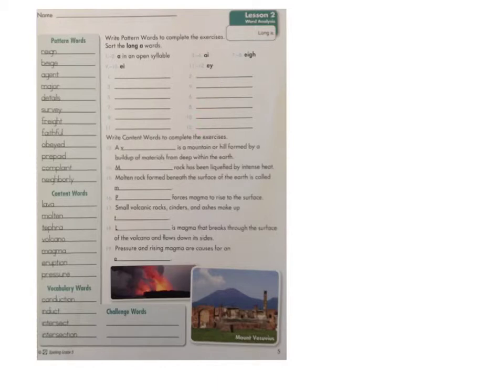Now, here's the thing. Everything's pretty straightforward except for that first one, A in an open syllable. So let's talk about that real quick. Let's look at agent here, because that's one of our words. Look at the first syllable, A, and notice that that is the sound we're looking for, number 1, but number 2, it is not surrounded on both sides by consonants.